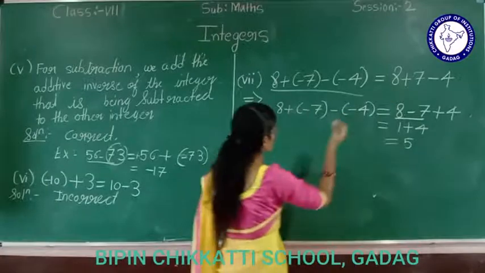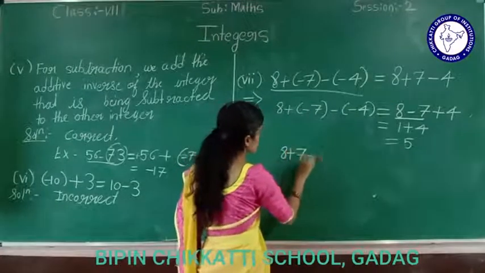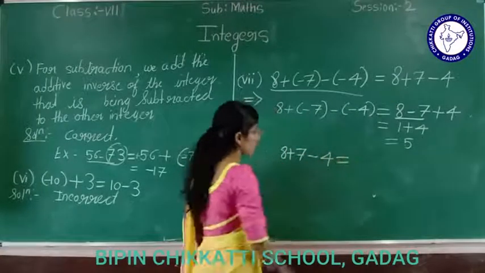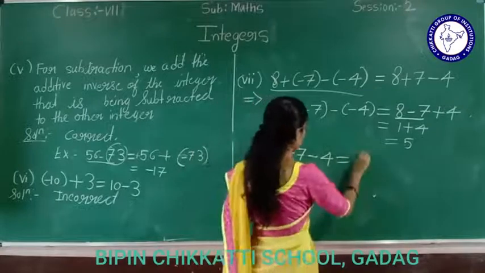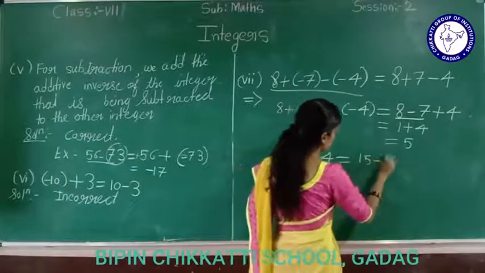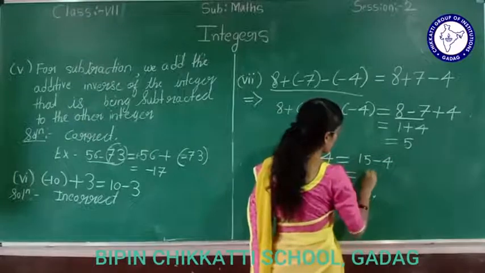Now check this: 8 plus 7 minus 4. 8 plus 7 is 15. 15 minus 4 is 11.